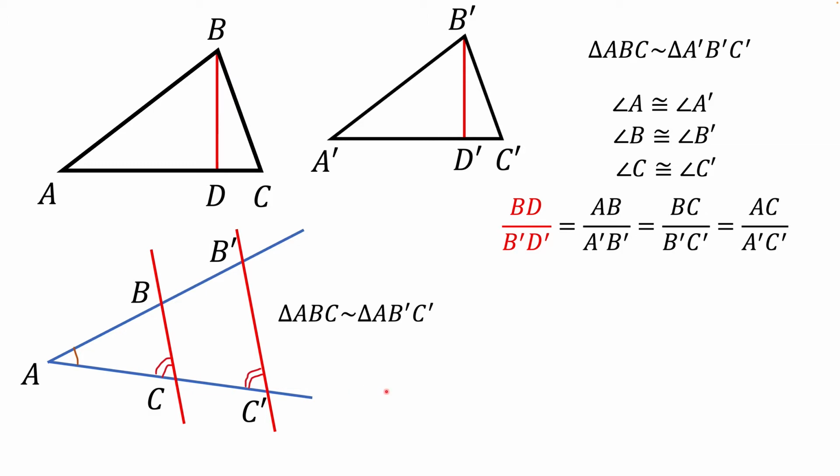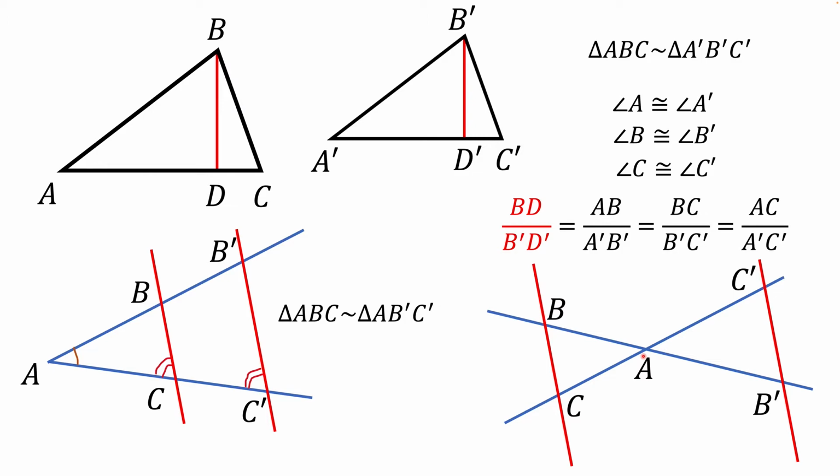The other arrangement is when we have two lines intersecting, in this case at point A. And again, we have two parallel lines intersecting those two blue lines. Again, triangle ABC and triangle AB prime, C prime are going to be similar by two angles. First of all, those two angles A are congruent because they are vertical angles, and vertical angles are always congruent.